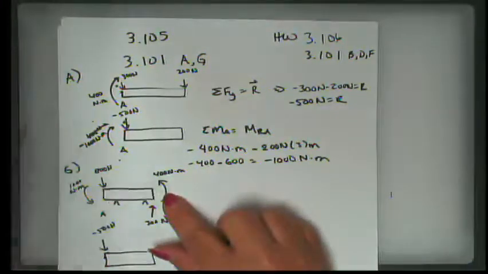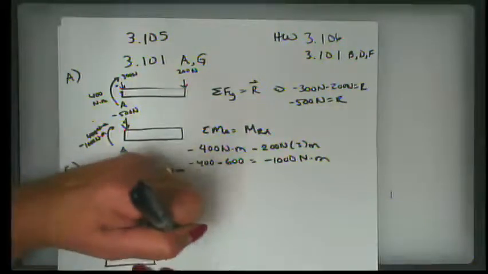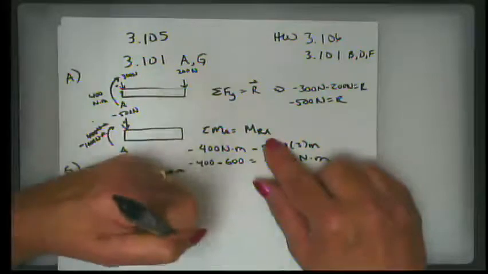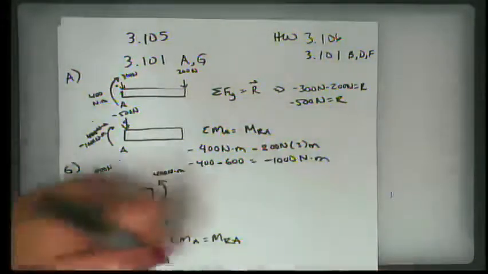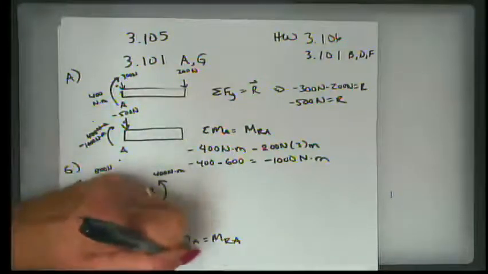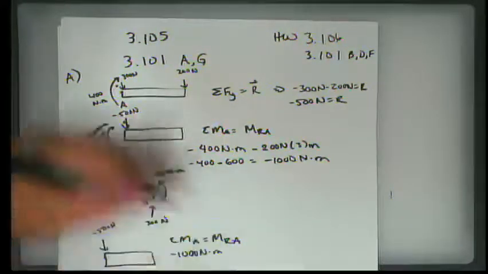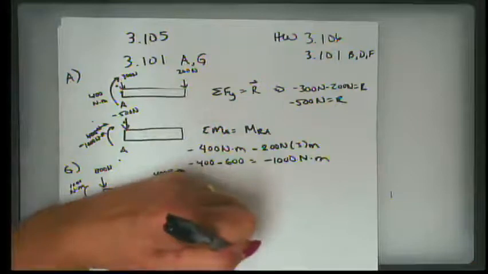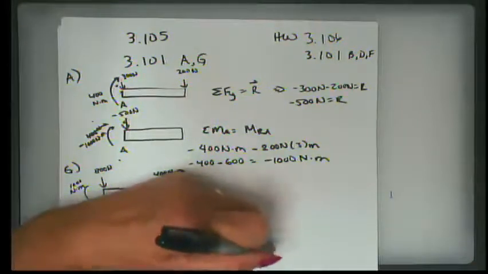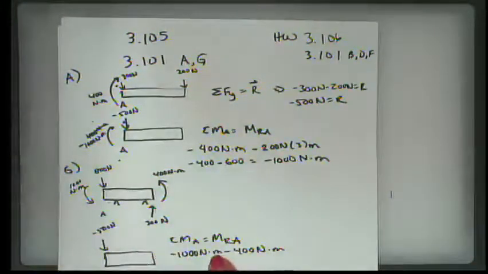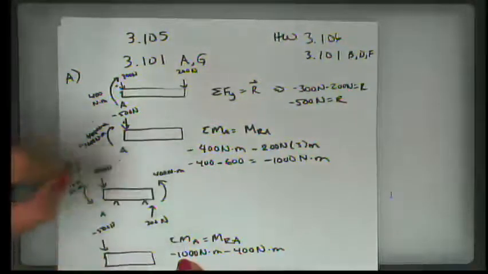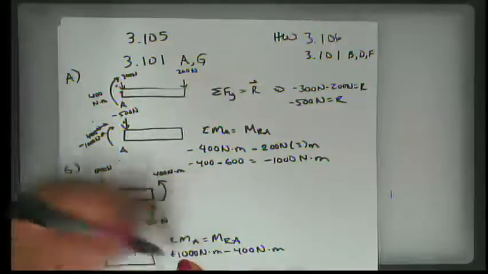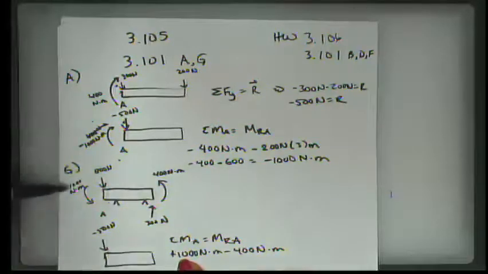The first thing that I'll need to do is to decide the moments, summation of moments about A is equal to the resultant moment at A. We have a counterclockwise 1,000 Newton meter moment.